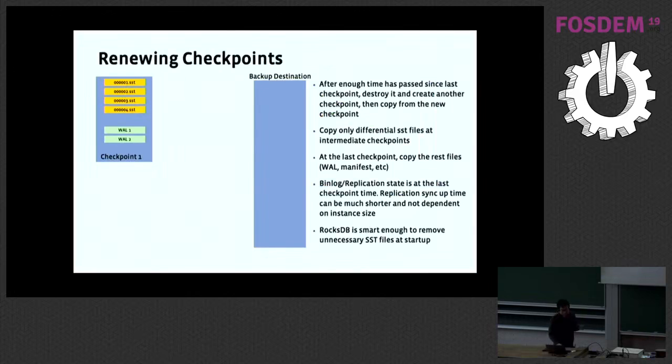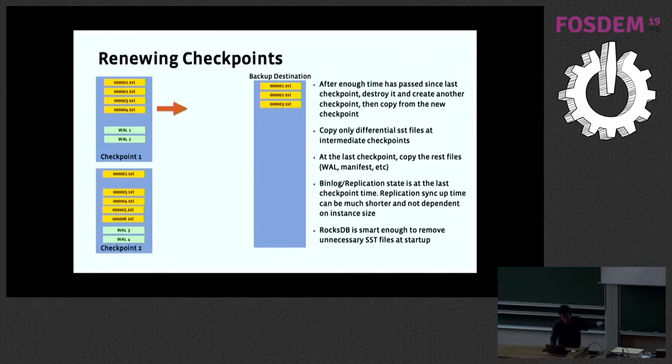So we added a feature called renewing checkpoints. By refreshing the checkpoints every interval, like 20 minutes or so, the data can be relatively newer. Here's how it works. First create a checkpoint, then start copying the SST files. But when the data is huge and only SST 0 and 3 could be copied, create a checkpoint again, checkpoint 2.